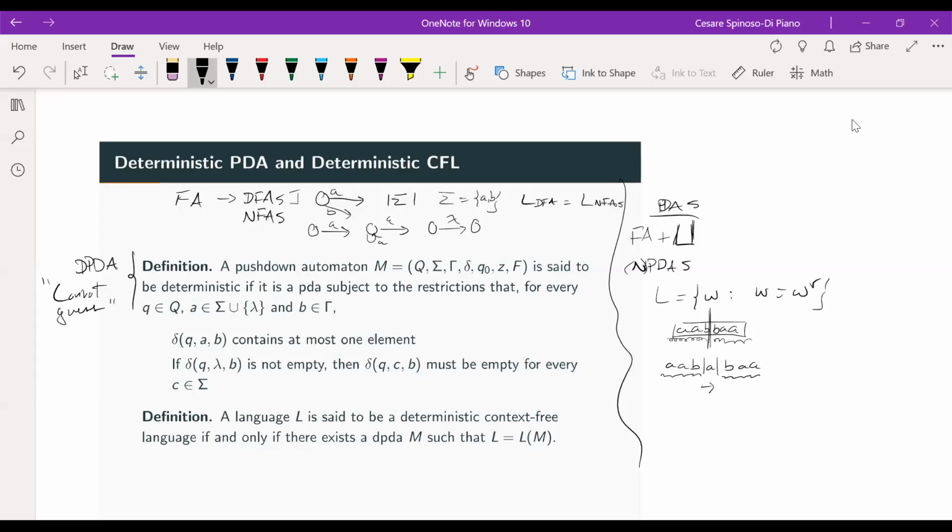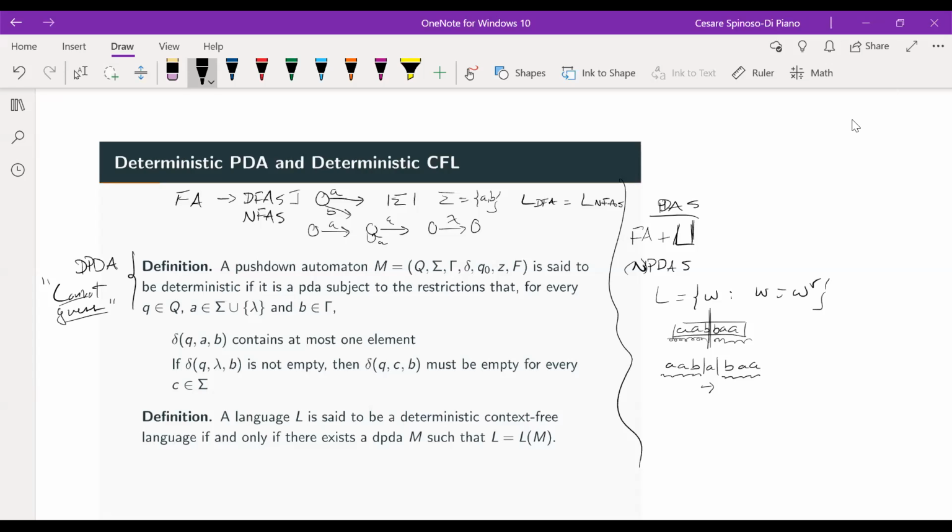So there's still an implicit guess going on because you're kind of guessing almost the half of the string, okay? So that's why, and we'll get to that later, this can't be accepted by a DPDA, because as I said, informally, a DPDA just cannot guess, okay?